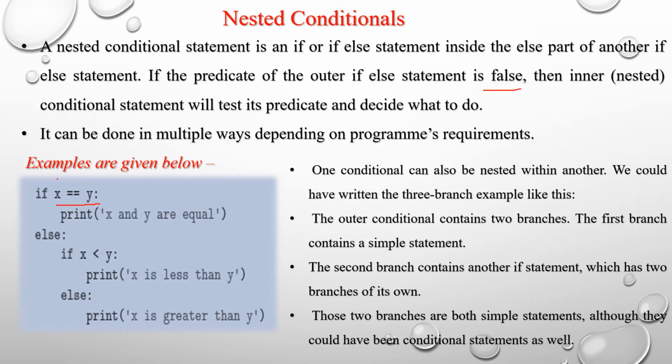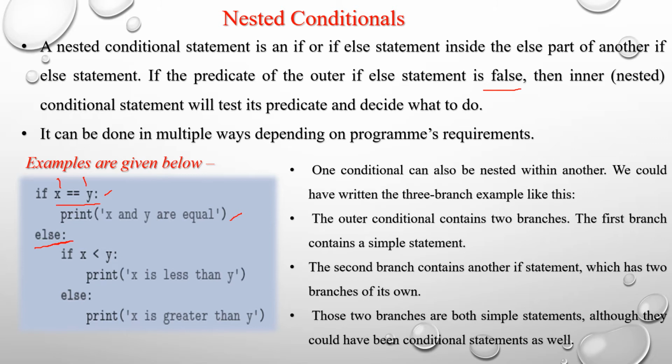So here the values are x and y, and if is the keyword. Again we print x and y are equal. For example, if this condition is true, the Python interpreter is going to print x and y are equal.